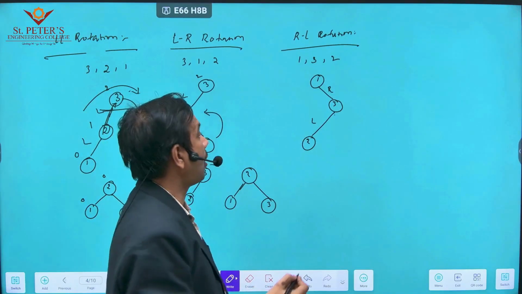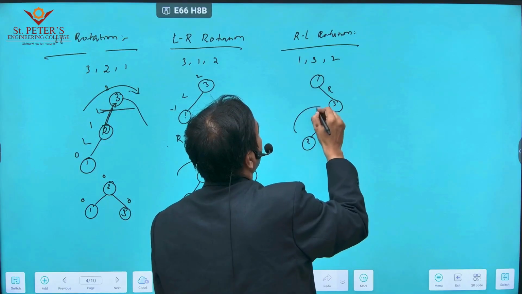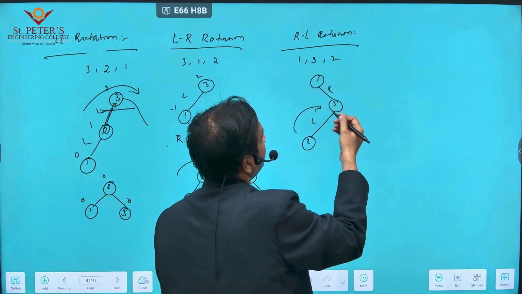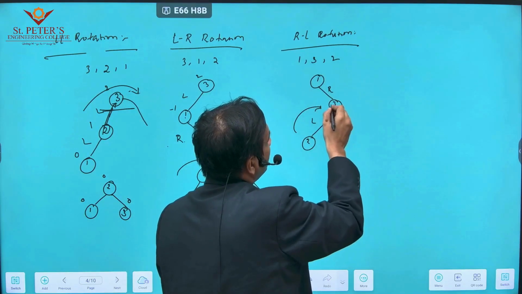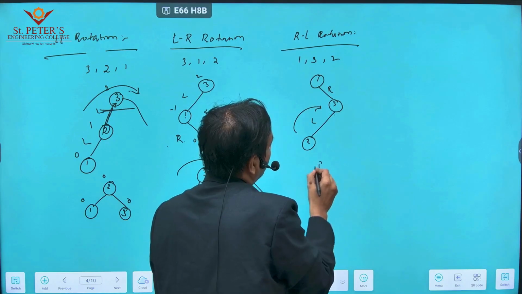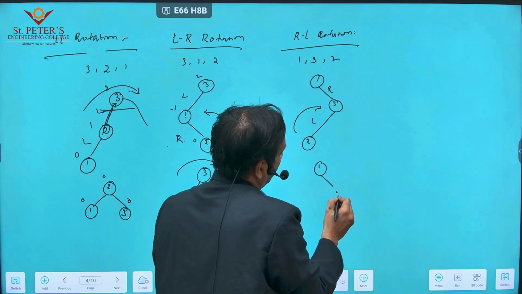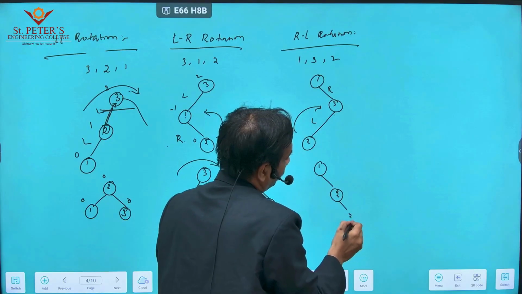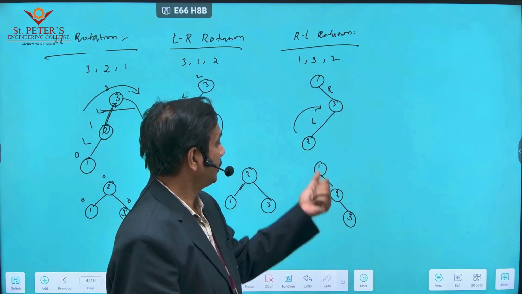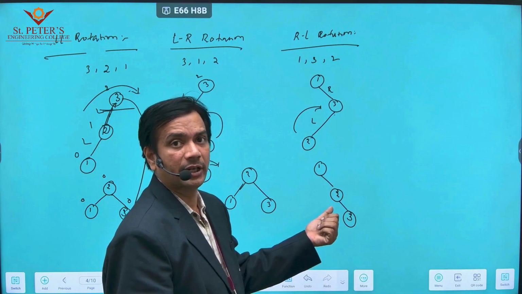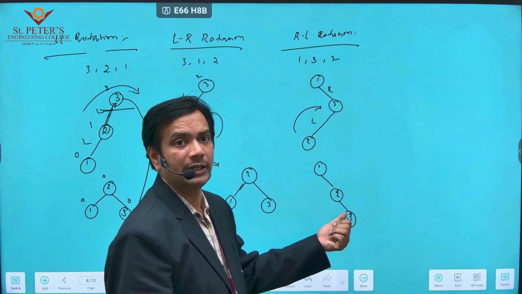In that RL rotation, first we need to perform the right rotation. After that, next we perform the left rotation. Now 2 will be pushed to 3. After pushing, we get the binary search tree 1, 2, 3. Still it is unbalanced.